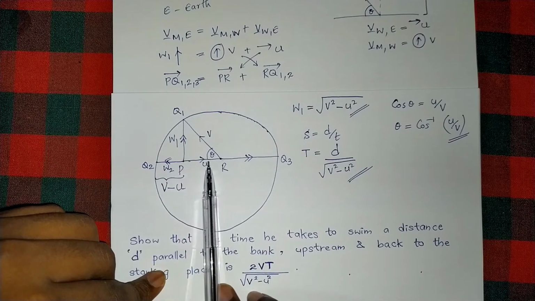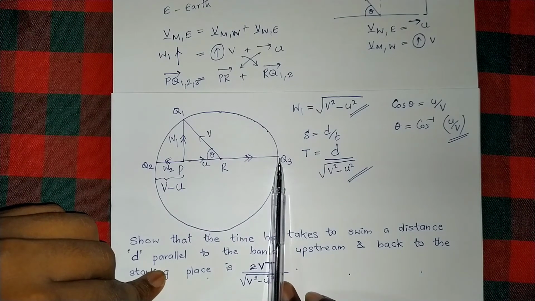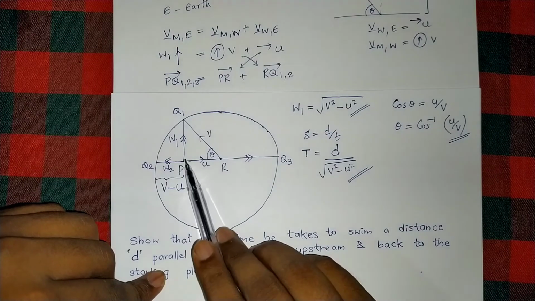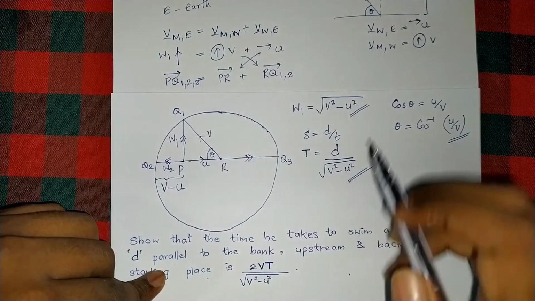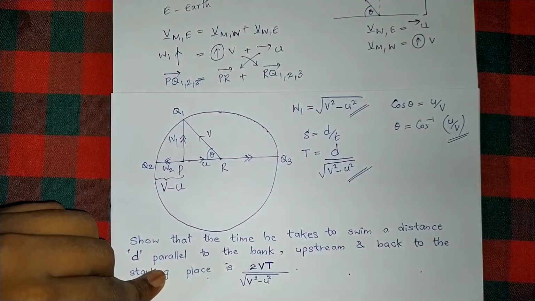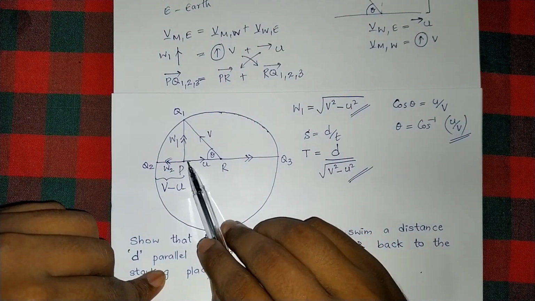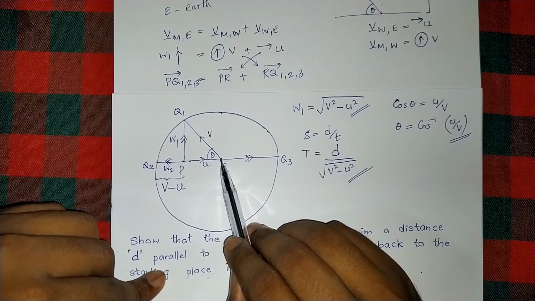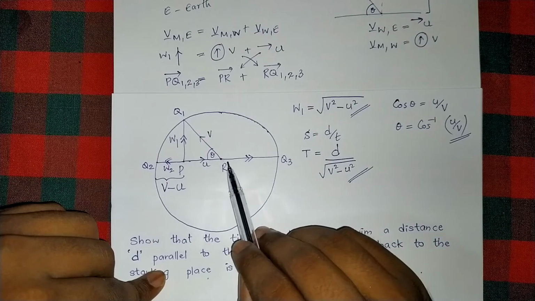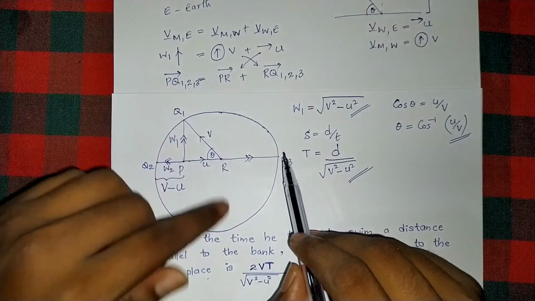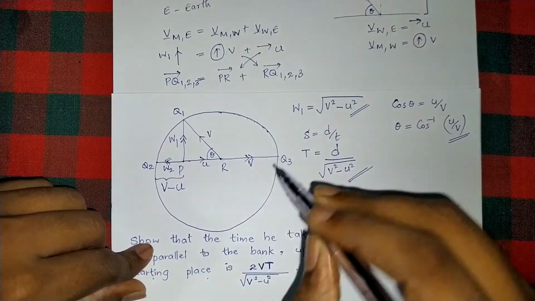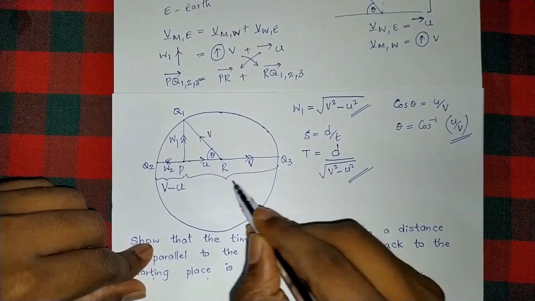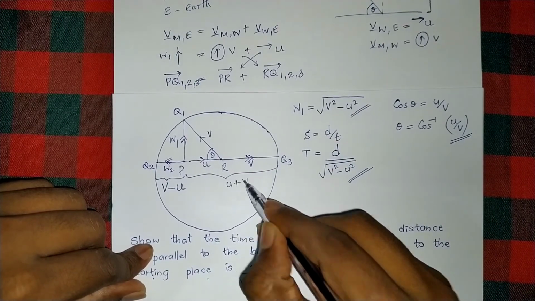Q3 is the point where this line meets the circumference again. So this is the W3 vector. W3 vector is from here to here U, once again from center to circumference, which is the radius of this circle, V. This part becomes U plus V.